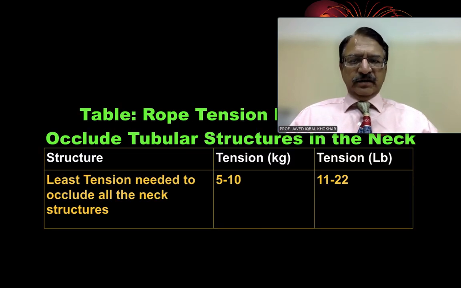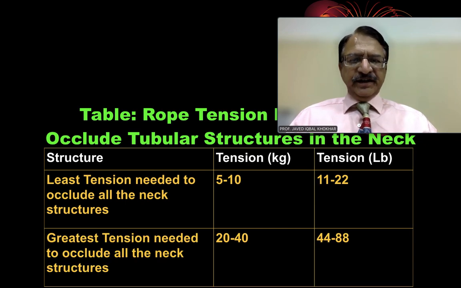Then the least tension needed to occlude the veins and arteries is 5 to 10 kg, which is sufficient. And the greatest tension required is 20 to 40 kg. So minimum tension is 5 to 10 kg, and maximum tension 20 to 40 kg.